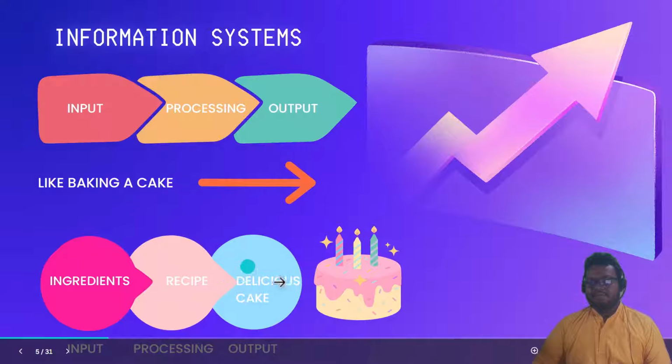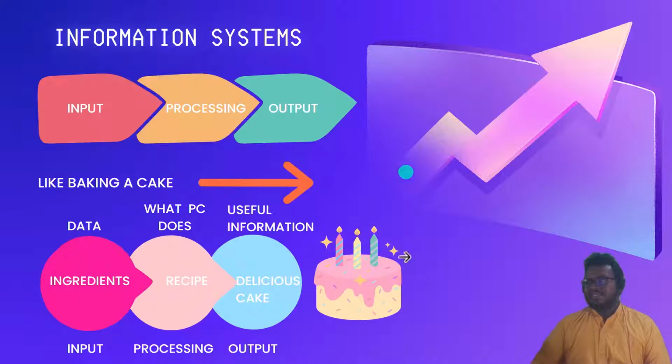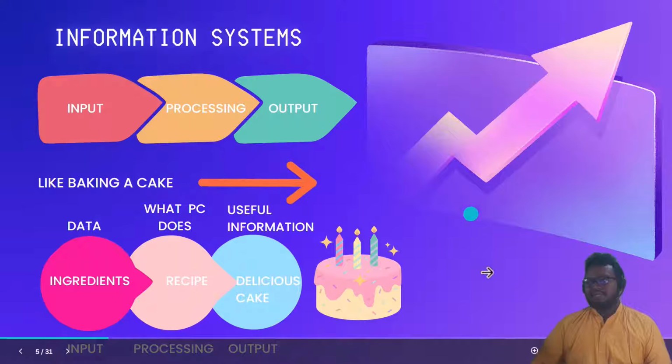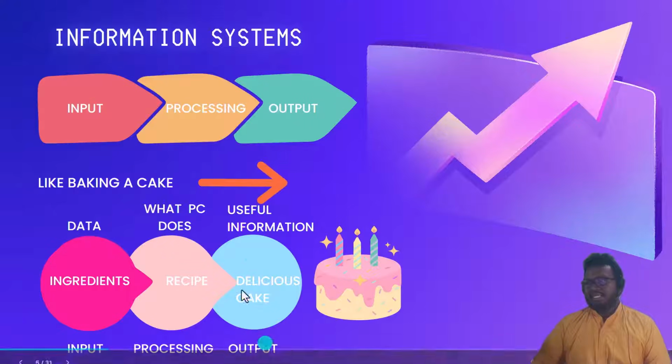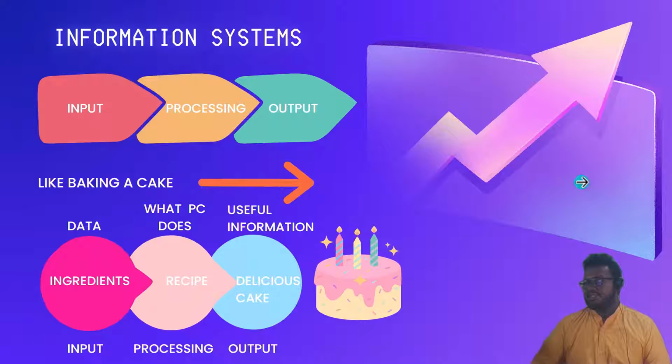Then what is the output? Output is the delicious cake, children. Following this example, you can understand what a computer does. Ingredients are data. The recipe is what the PC does inside the computer. The output is the delicious cake. For a computer, it is useful information.